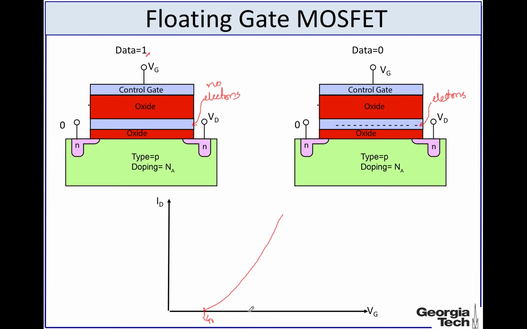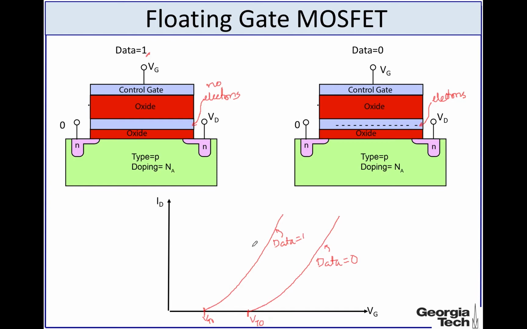So if the data value is 0, then the threshold voltage will increase from VT1 to VT0, and this one corresponds to data value of 0, and this ID-VG curve corresponds to data value of 1.